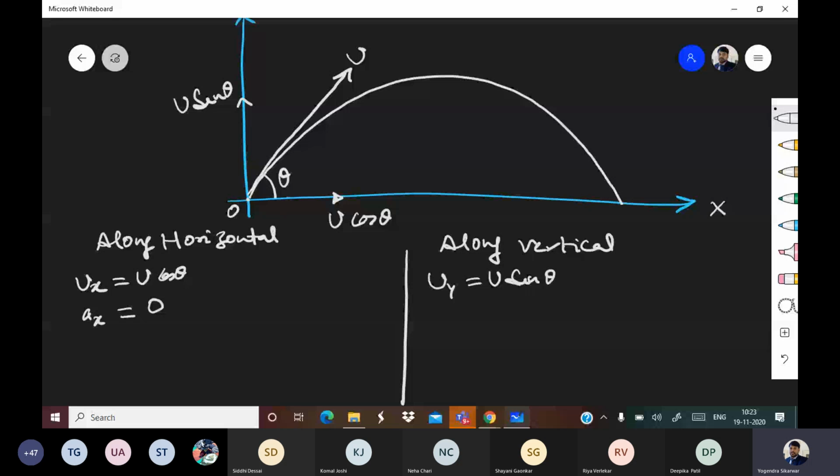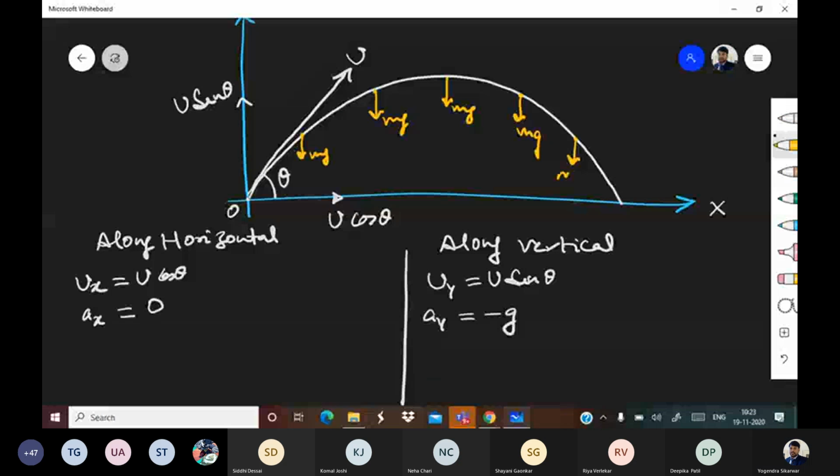Because at all the points, wherever it is, mg is acting downward, and because of that, we are writing ay as minus g.